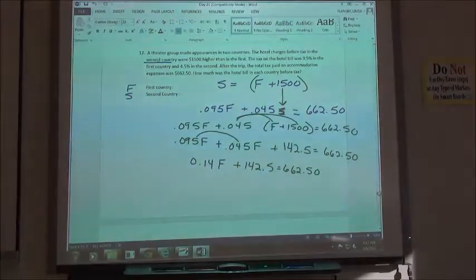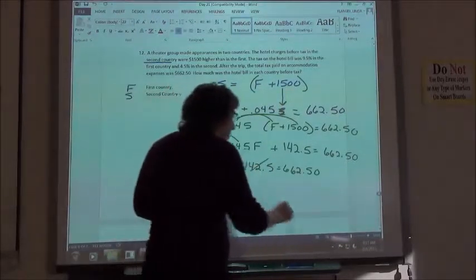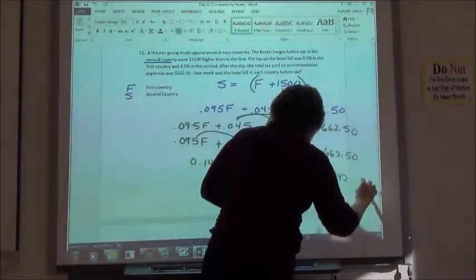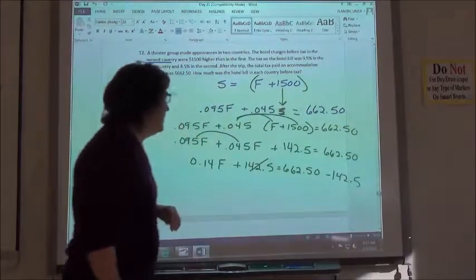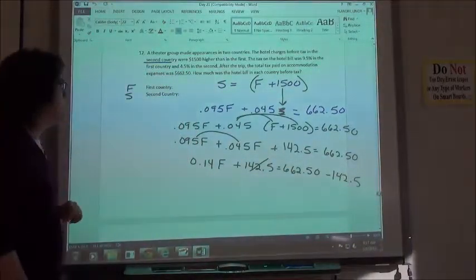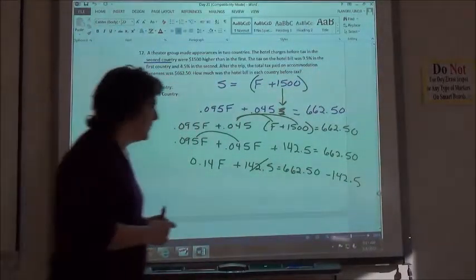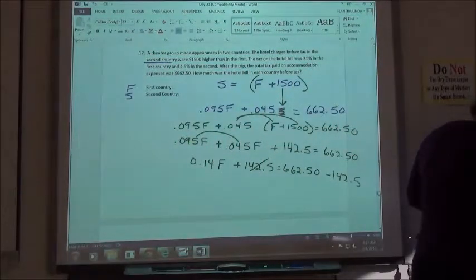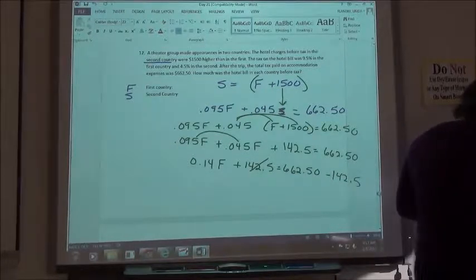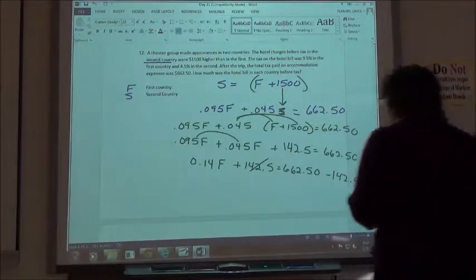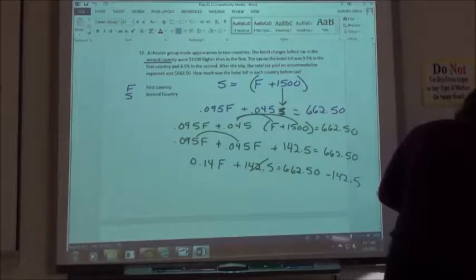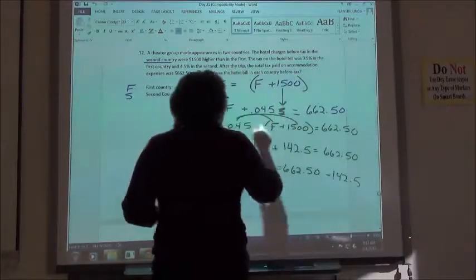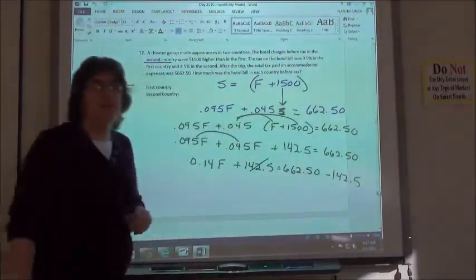Solving that for F then, I've got to move my 142.5 to the other side. Since it's a plus, when I move it over, I've got to subtract it. So I'm going to subtract my 142.5. Multiply this out for me again, because I'm getting a different number. 67.5.